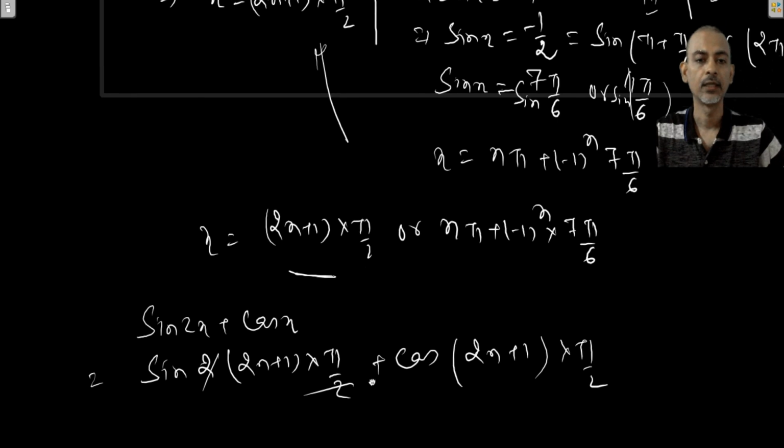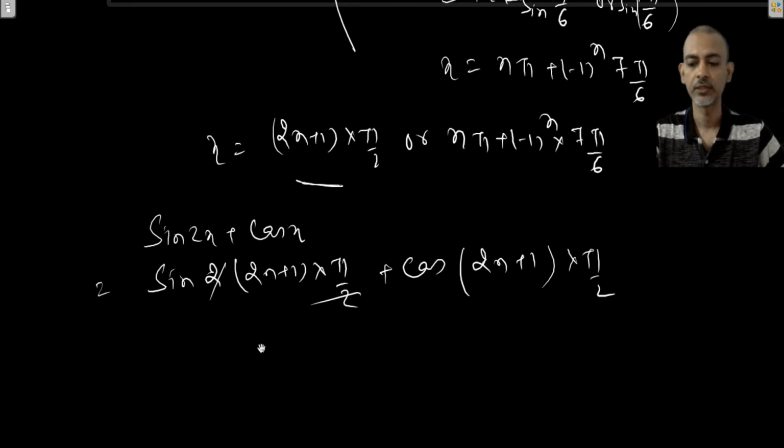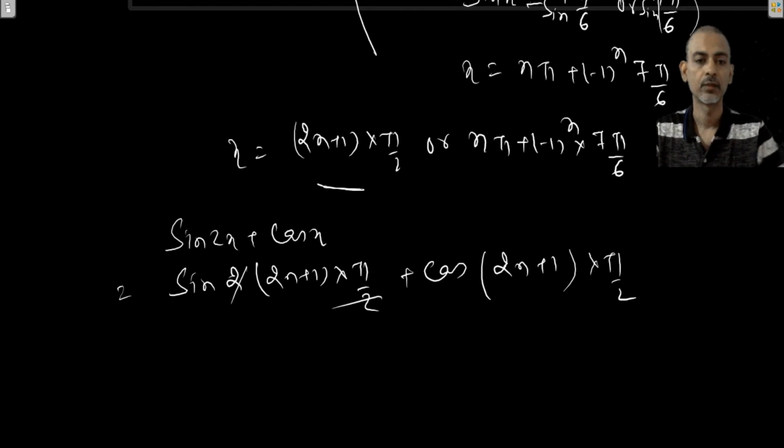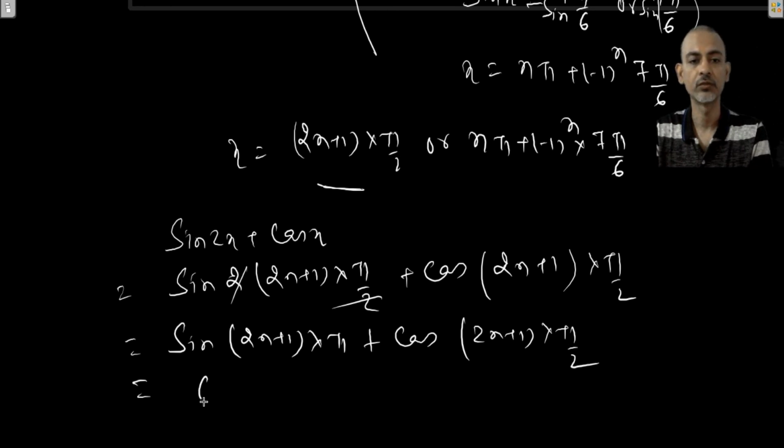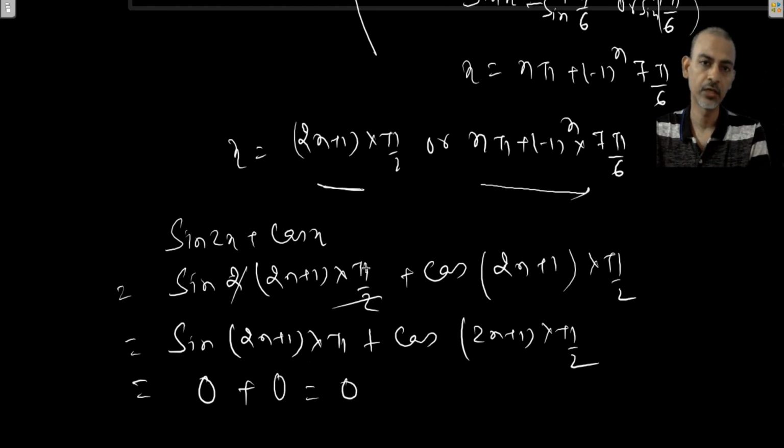This one has become sine of (2n plus 1) into pi, plus cos of (2n plus 1) into pi by 2. I know that any multiple of pi would be 0, so this will be 0, and in the same way cos of (2n plus 1) into pi by 2 is an odd multiple of pi by 2, so this will also be 0. So it is 0 plus 0. Again, when you put this value over here, we will get the same result.